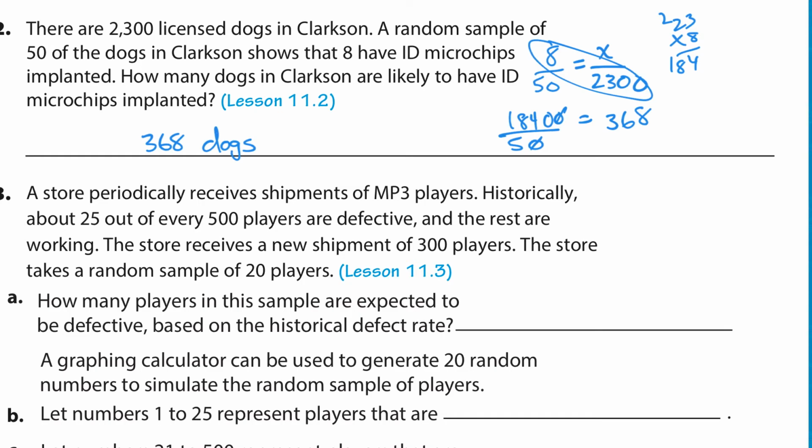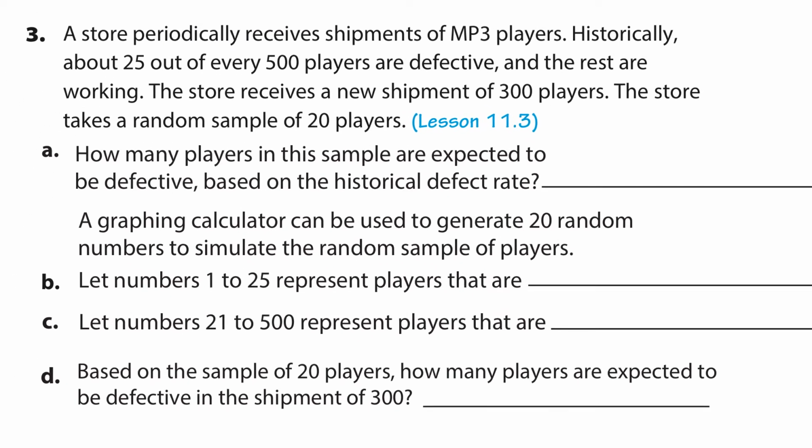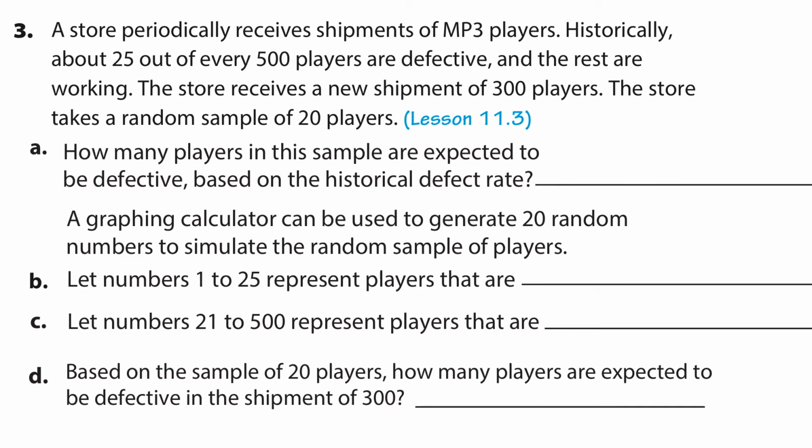Okay, so let's look at this one. A store receives shipments of MP3 players. Historically, about 25 out of every 500 players are defective. Okay, that's important information right there. I'll highlight that: 25 out of 500, and the rest are working.